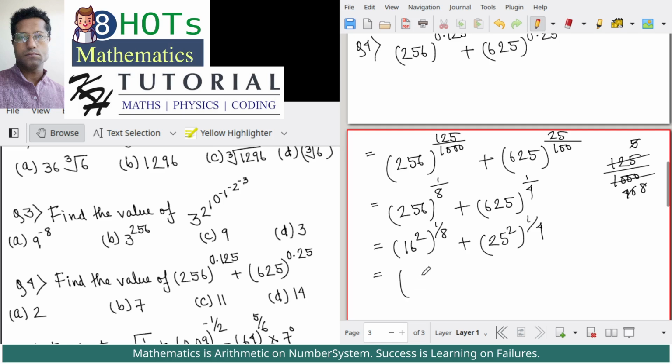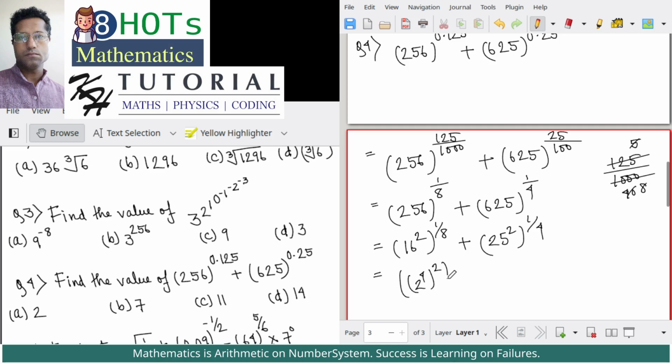Okay, so 16 square. Now what is 16? In the exponential form with base 2, it is 2 to the power 4. So I have 2 to the power 4 and 16 is 2 to the power 4.